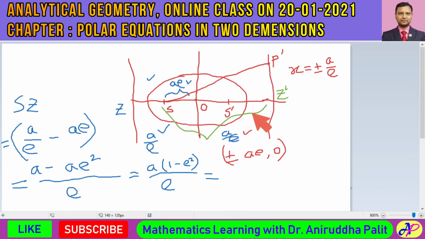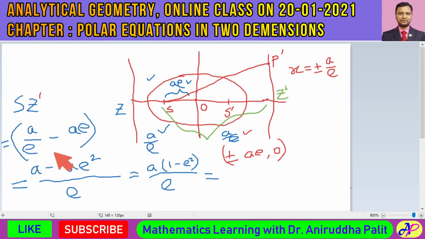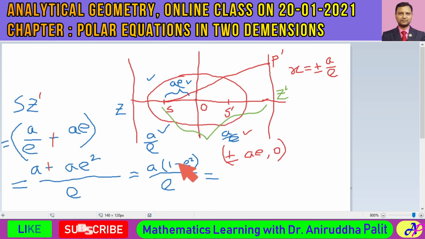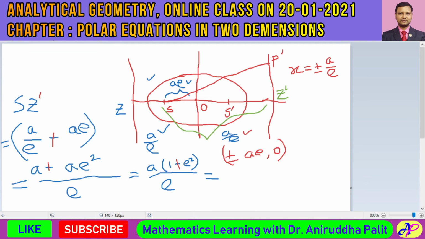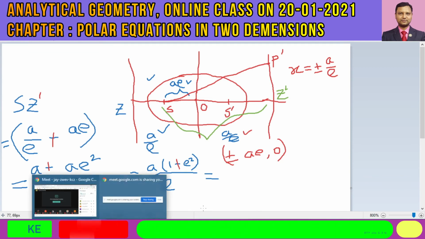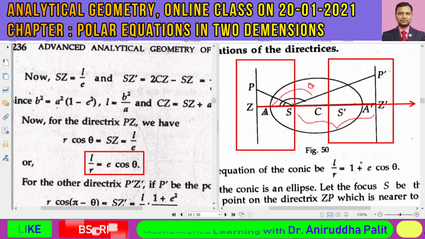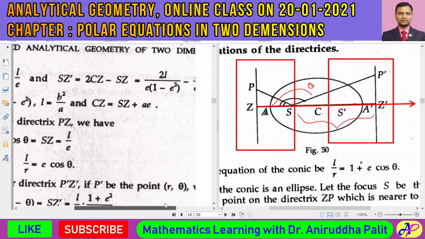So the total SZ prime over here should be A by E plus AE. So plus symbol would come. And by this kind of computation, we would ultimately get this final expression.